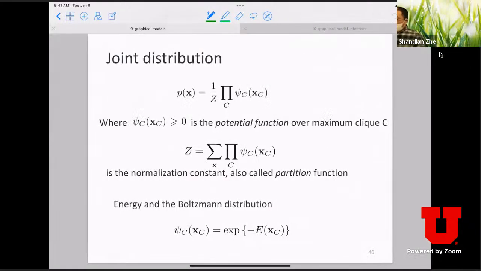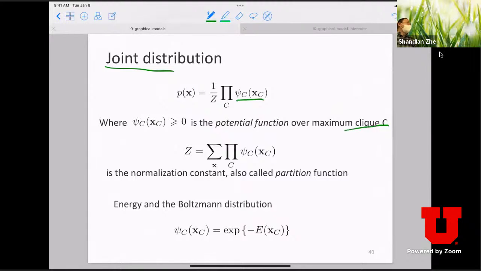So given an undirected graphic model, again, we assume each node in this model is a random variable. Then our joint distribution is defined as the product of the potential functions over the maximum cliques enumerated over this graph.